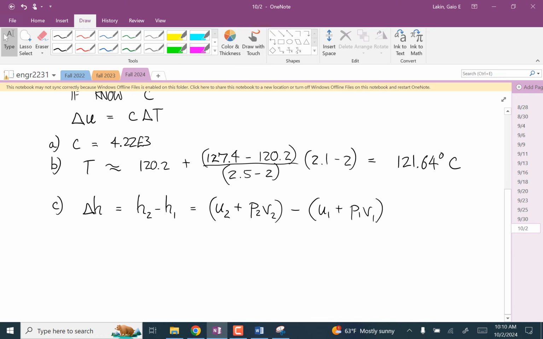And now we can rearrange this as U2 minus U1 plus P2 V2 minus P1 V1. And now you can just think of this as the change in specific internal energy plus the change in PV.